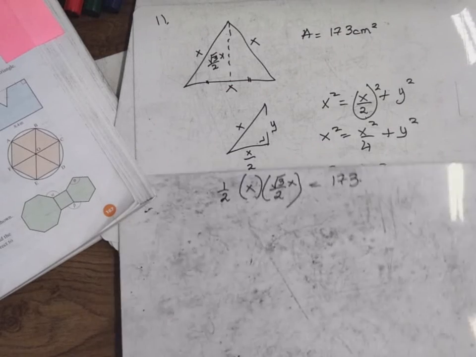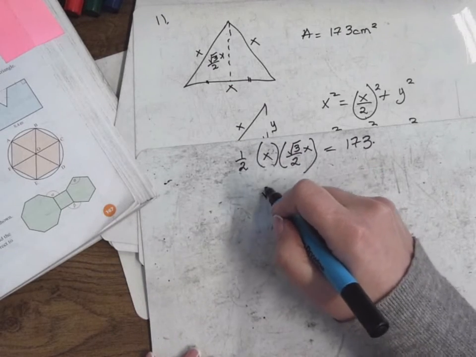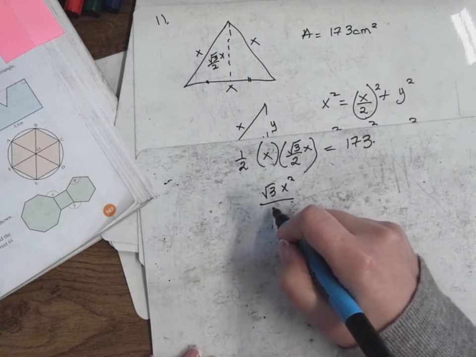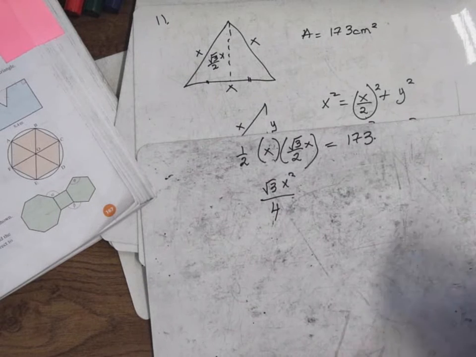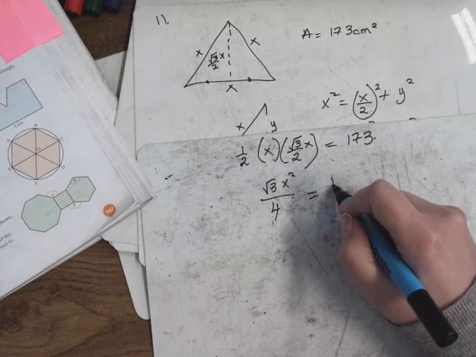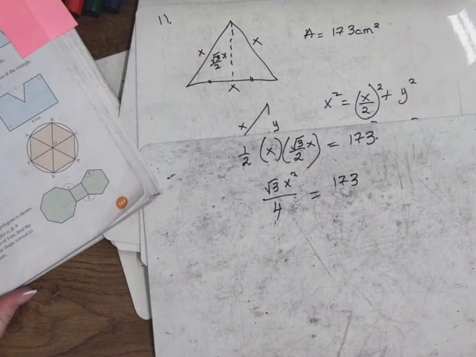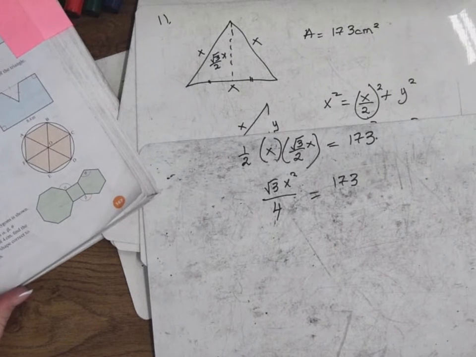So multiplying out, on top I have root 3 x squared, and on the bottom all that is over 4. With me? That equals 173. Cross multiply and divide.